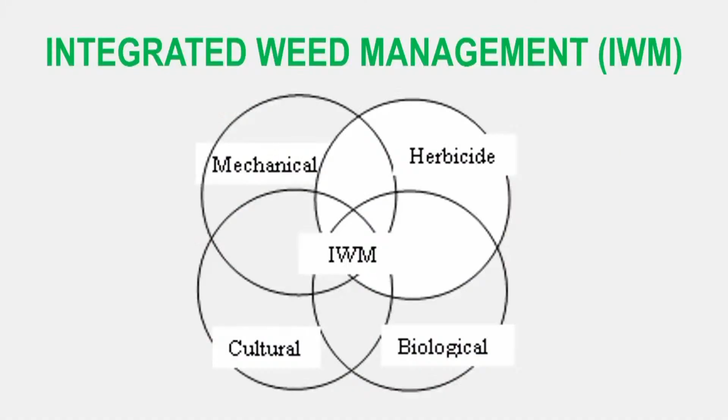Now let's understand the meaning of integrated weed management. Integrated weed management means the integrated use of mechanical method, cultural method, biological method as well as the chemical method for weed control in the crop field.